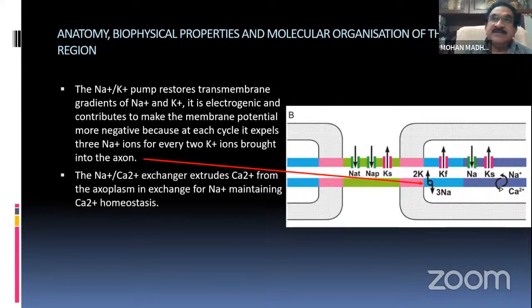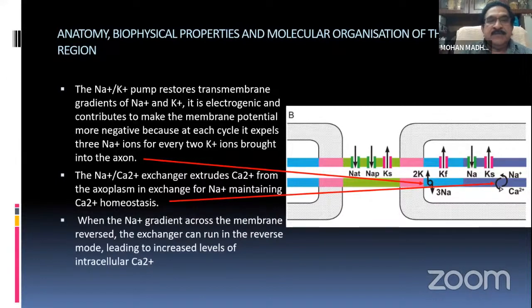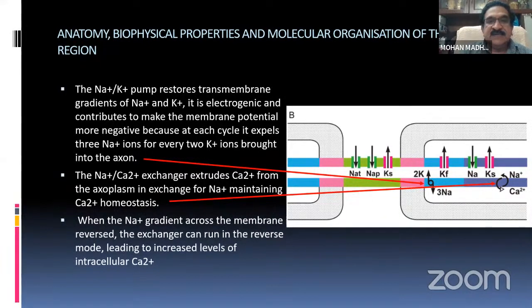The sodium-calcium exchanger is another mechanism we should know, which extrudes the calcium ion from the axoplasm in exchange of sodium, maintaining the calcium homeostasis. When the sodium gradient across the membrane is reversed, the exchanger can run in the reverse mode, leading to increased levels of intra-axonal calcium.